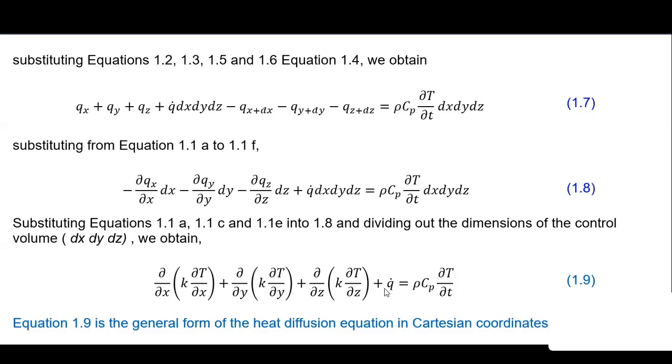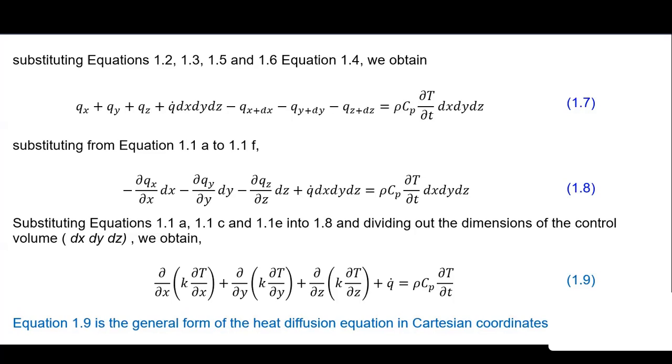If there is no internal heat generation in the problem, this term q dot will also become 0. And if there is no noticeable variation in temperature in the y and z directions, the variation being negligibly small, then the del T upon del y and del T upon del z terms are also going to become 0. It means that we can reduce this equation to the required condition.